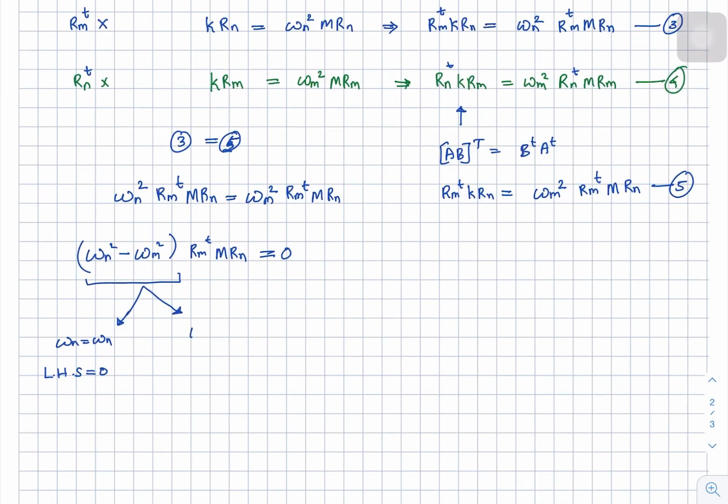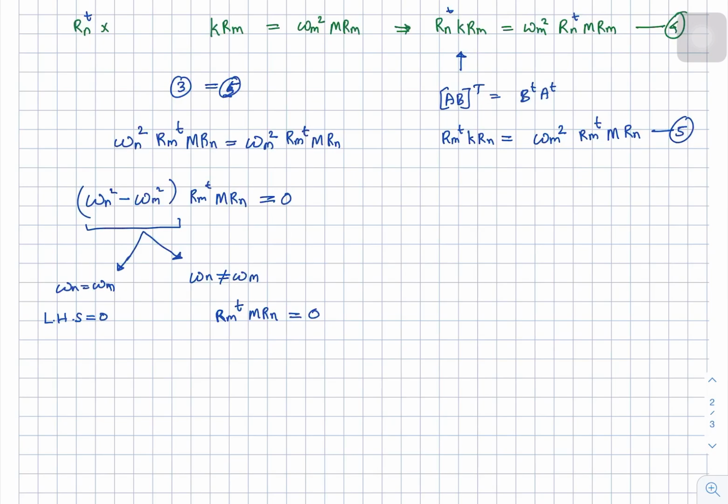So if omega n is not equal to omega m, then what we can do is take this to the other side. Therefore Rm transpose m Rn equal to 0. So now it is satisfying this. Now we got the condition, where m not equal to n, and here where m equal to n.